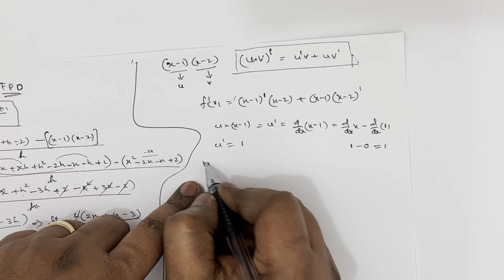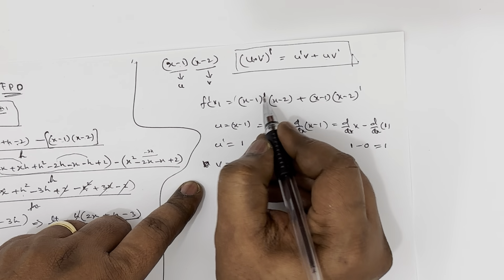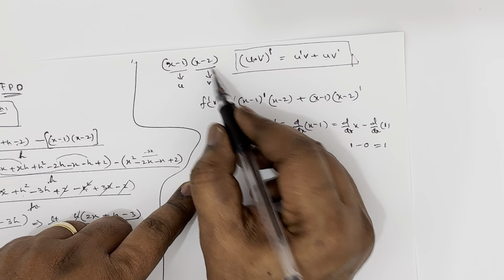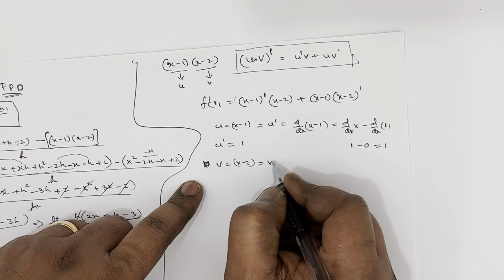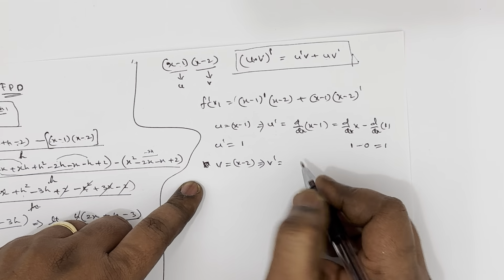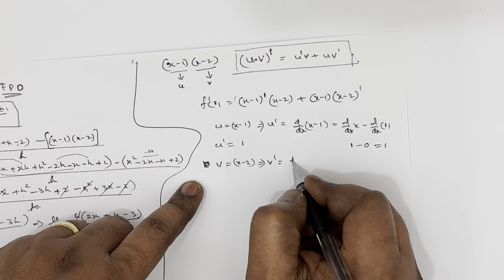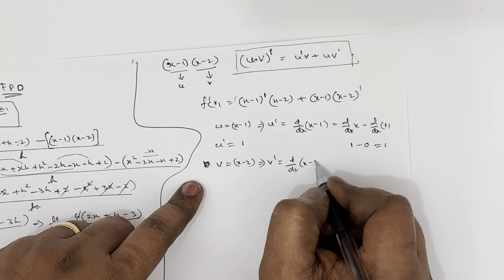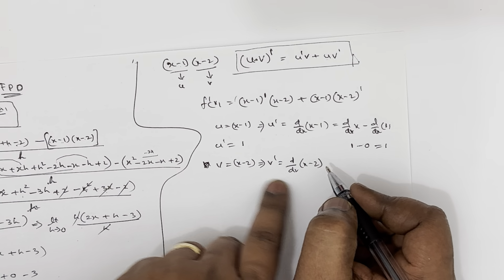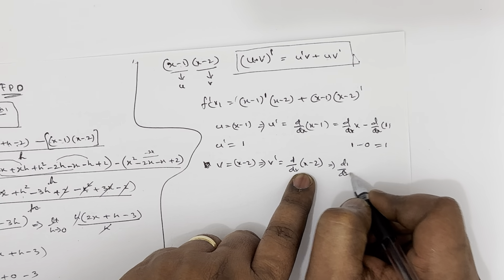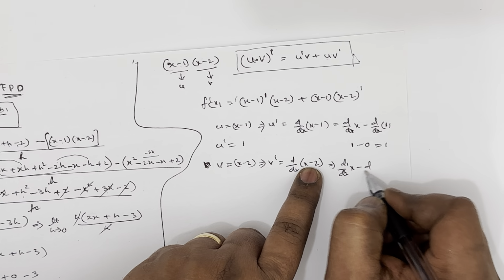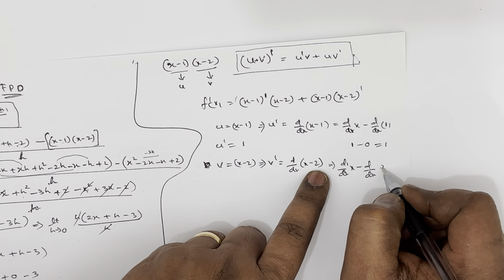Now v is equal to x minus 2, so v dash is equal to d/dx of x minus 2. That will be d/dx of x minus d/dx of 2.